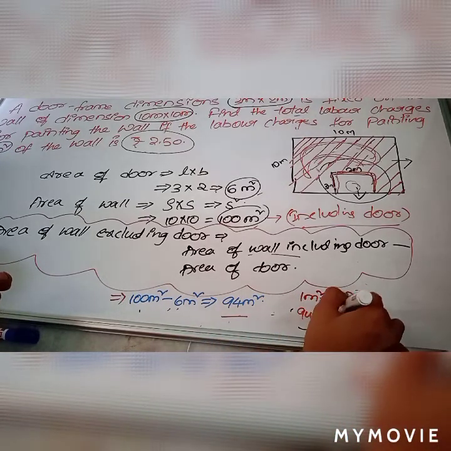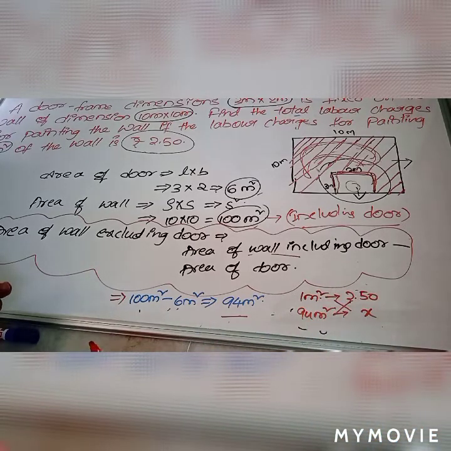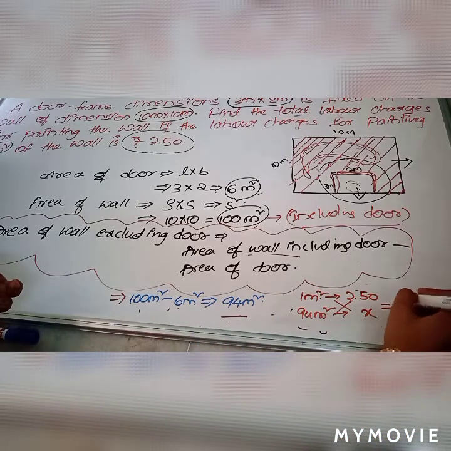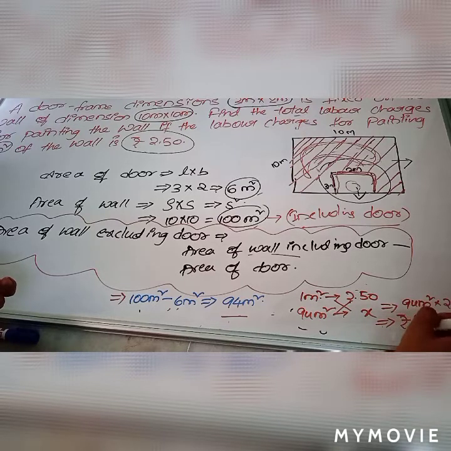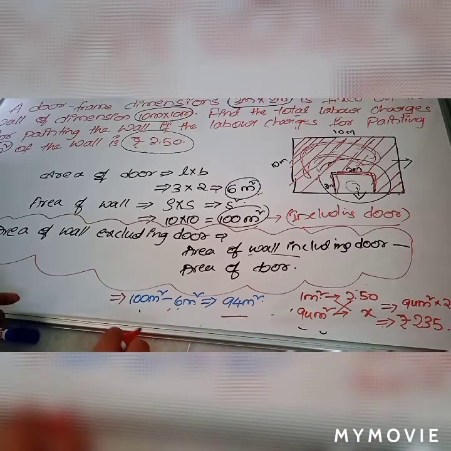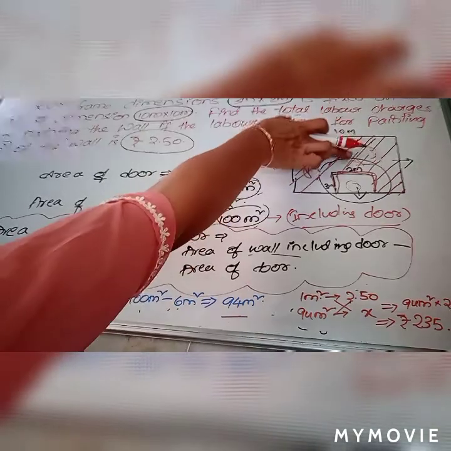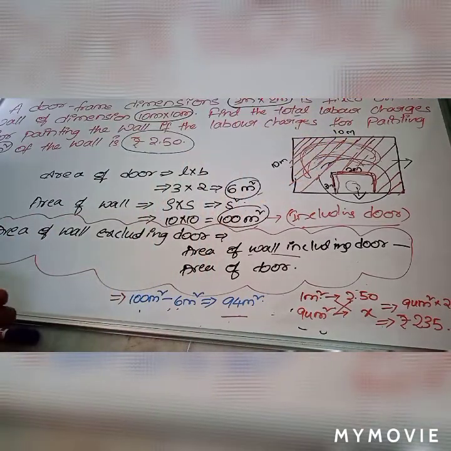So simply cross multiply these two. That means 94 square centimeters into 2 rupees 50 paisa. So the answer is rupees 235. So it charges 235 rupees for painting this shaded part region.